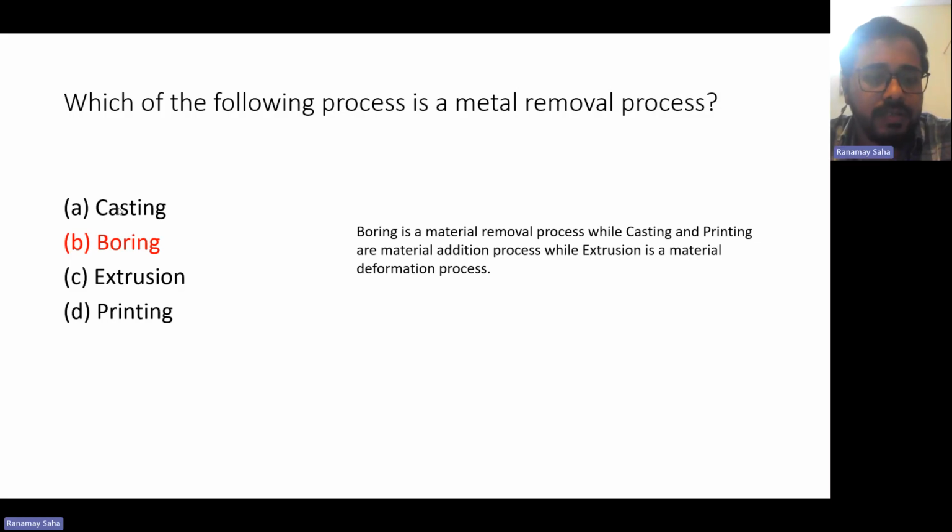There you have casting and extrusion, which are constant volume manufacturing processes, and then you have additive manufacturing. Boring is a process in which material is removed.